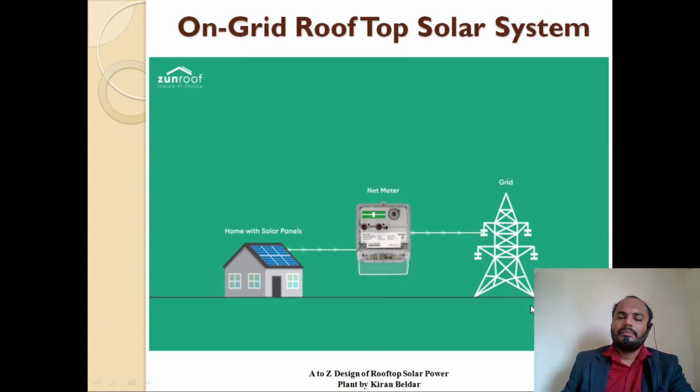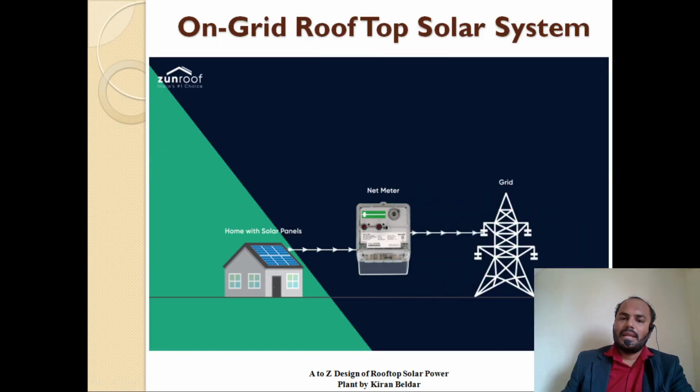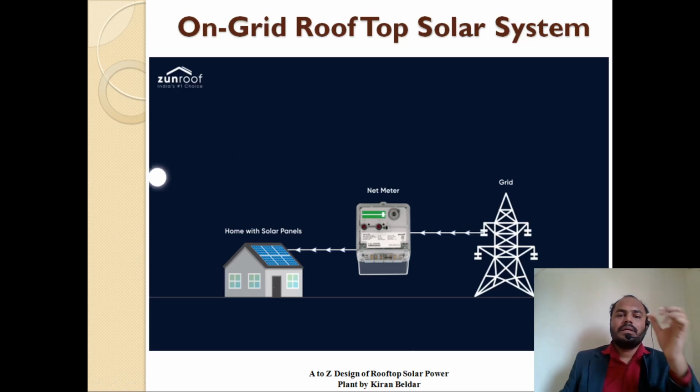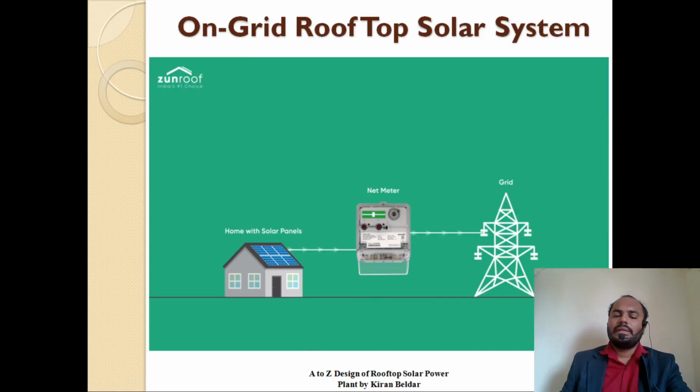In the daytime, when sun rays fall over the solar panels, it gives electricity to the grid. And at night, when there is no sun radiation, the grid gives power to the home. This is basically a give and take mechanism of electricity in day-night conditions.